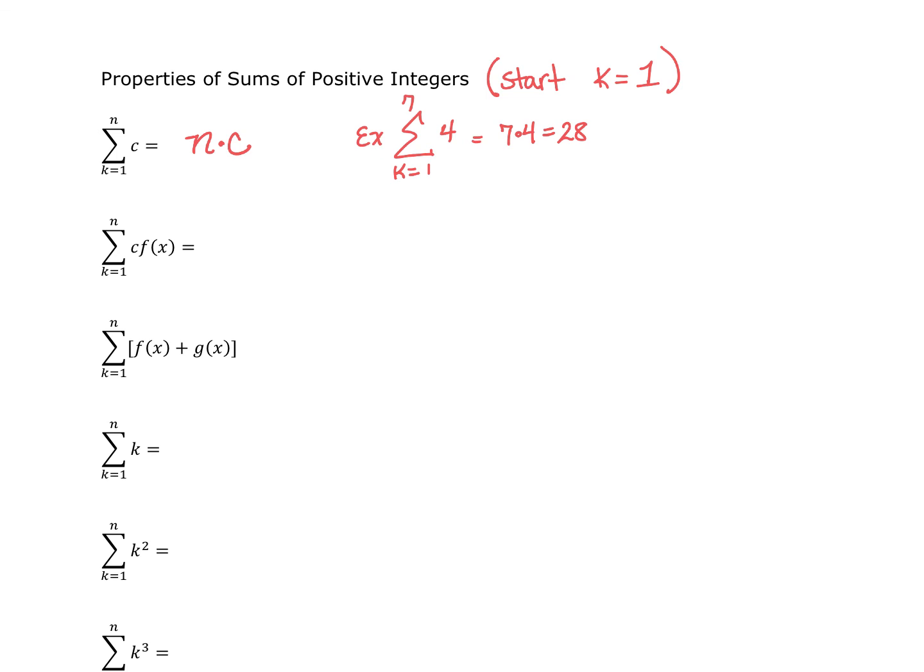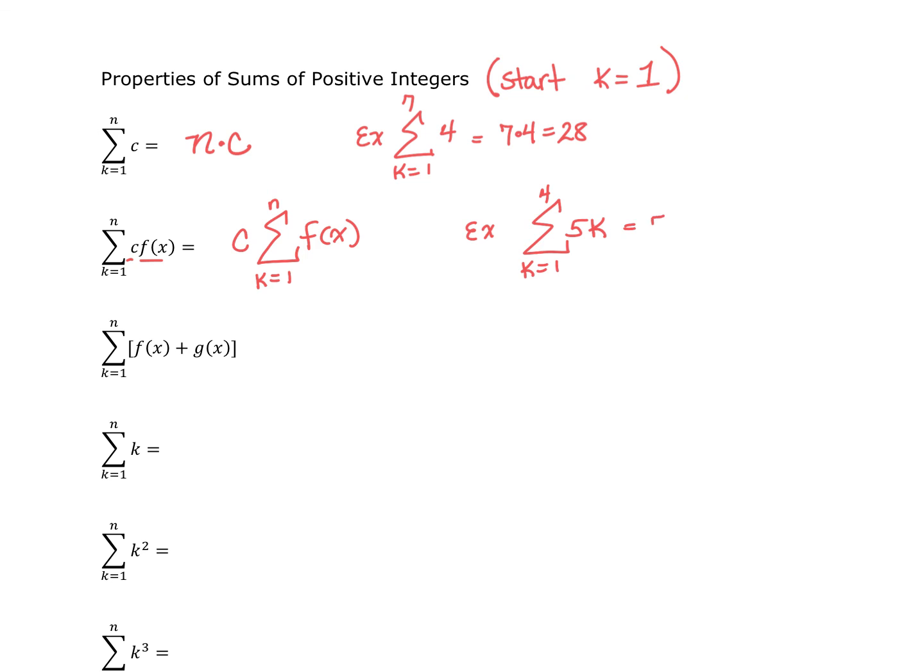The next one says if you have a constant times a function, you can pull that constant out in front of the summation, like so. So you might have 5k, k equals 1 to 4.